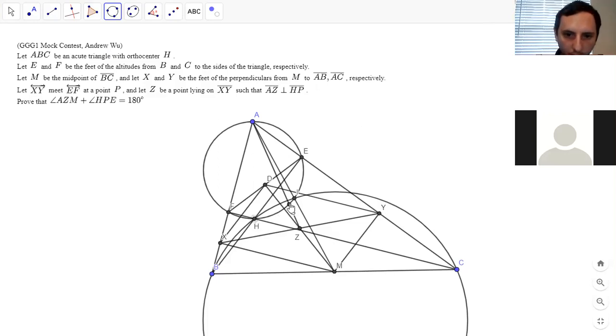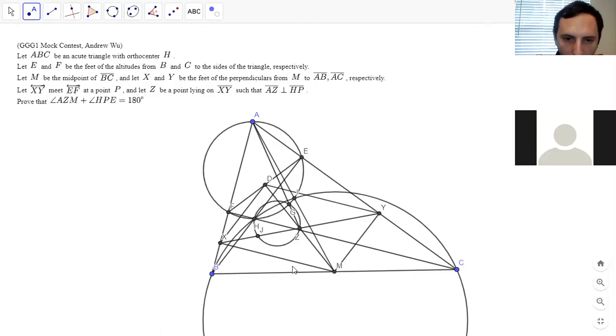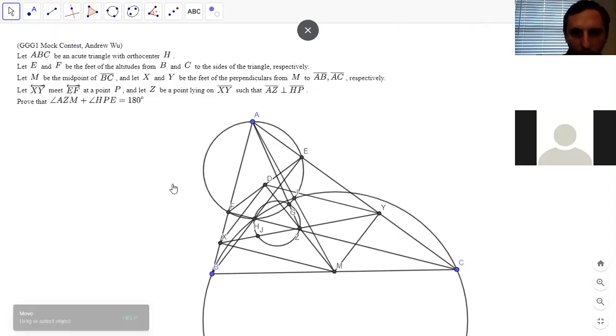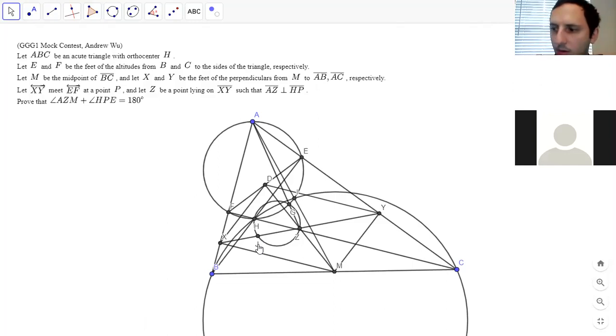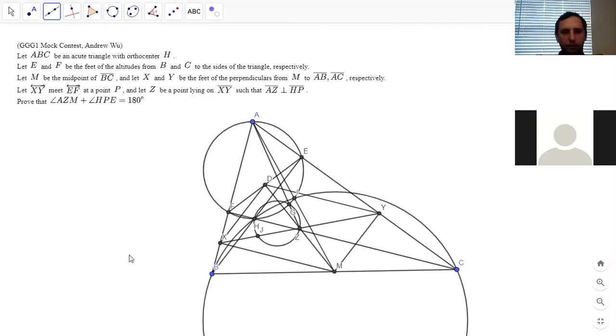Yes. I let HG meet XY at a point. So yeah, HG would meet XY at that point that we just had, right?